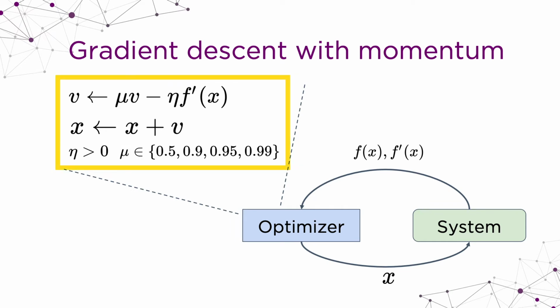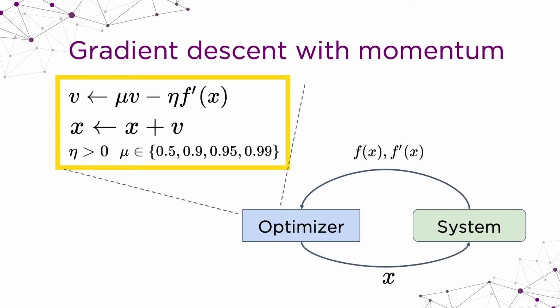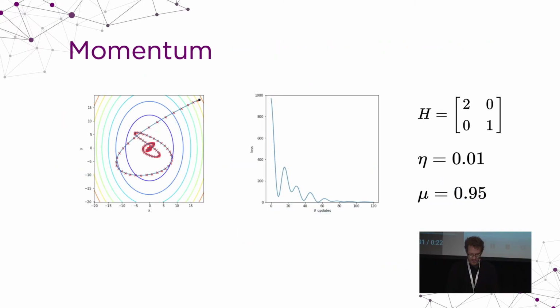So I will simulate with this equation of physics the fact that I'm accelerating if my gradients are pointing in the same direction at each iteration. I start here. You can see that I have some momentum, so I will overshoot. I will go up.